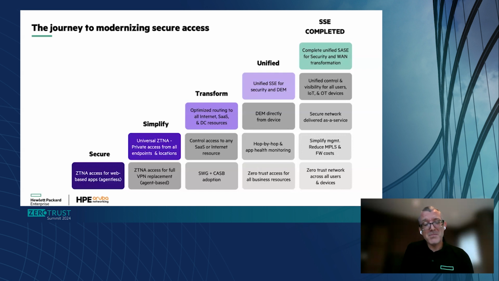It's always about business challenges. It's really about creating an outcome for your business. Maybe use this slide as a guide. But from my perspective, in what I've seen as being successful, is agentless and third-party access. That's a good place to start. Move away from those legacy VPNs that we know are very, very risky.